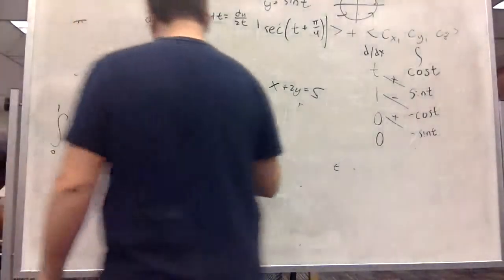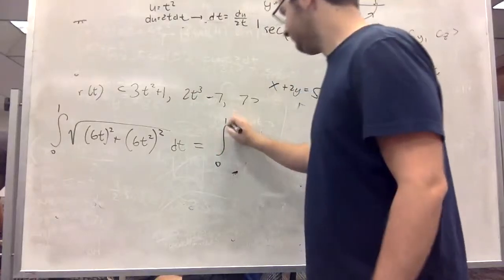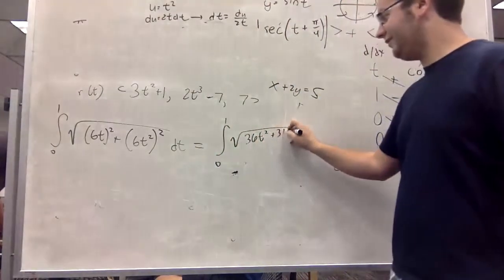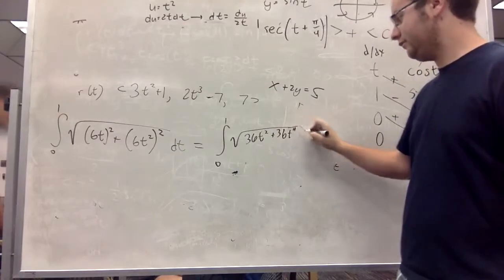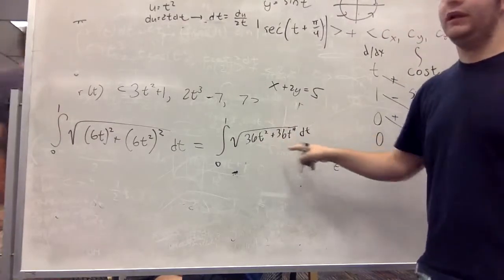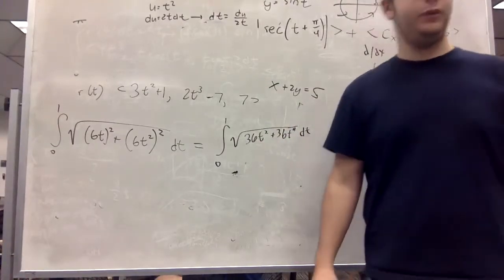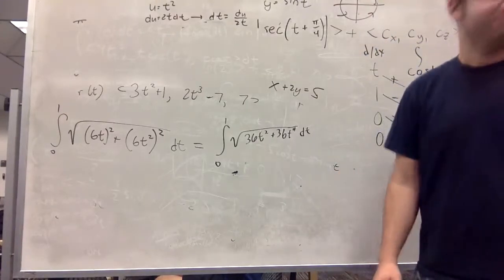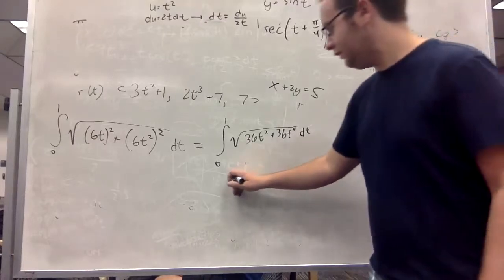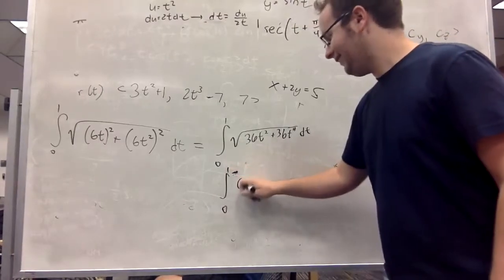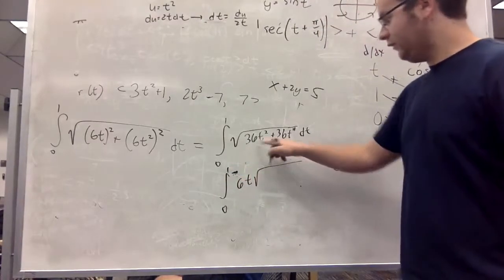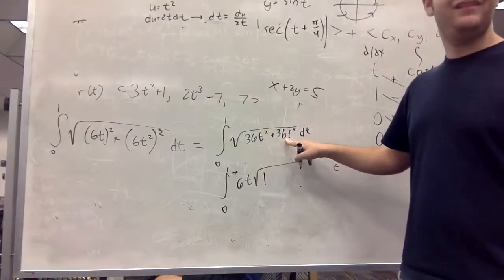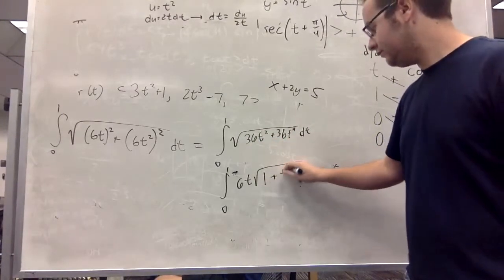This is 36t squared plus 36t to the 4th. What can I pull out of the square root? 36t squared will come out, making it 6t square root of, and because I pulled 36t squared out, I'm left with a 1 and a t squared.